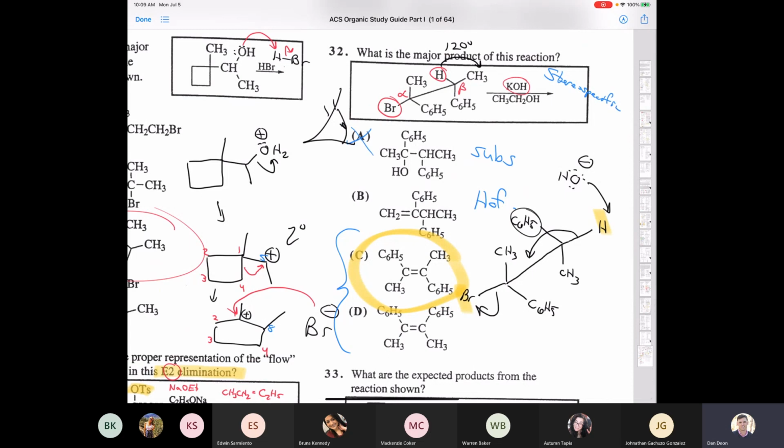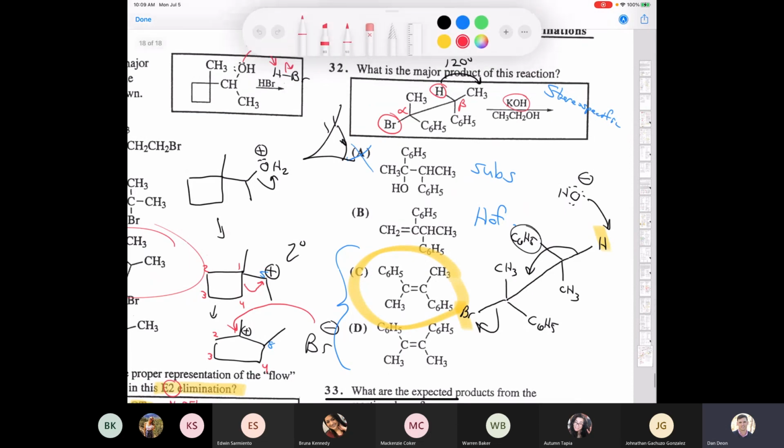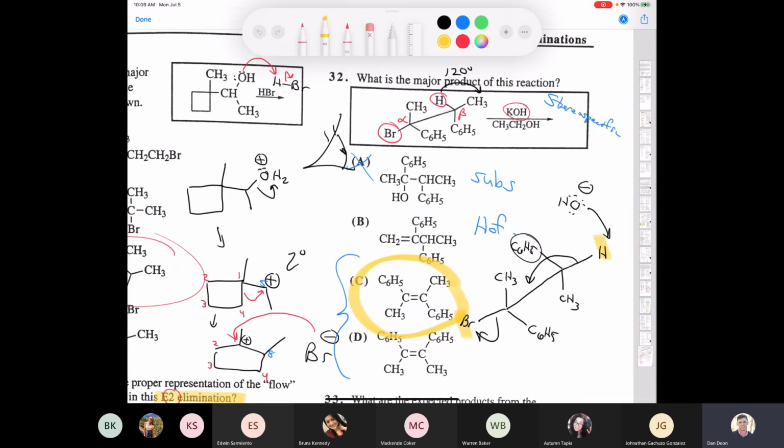But remember, this is a stereospecific reaction. I remember we spent probably half an hour one day going over stereospecificity when you have two chiral centers. Remember, if there were two beta protons on here, let's say the methyl group, if that was a beta proton, then the reaction wouldn't be stereospecific, it would be stereoselective for whichever alkene is less sterically hindered.